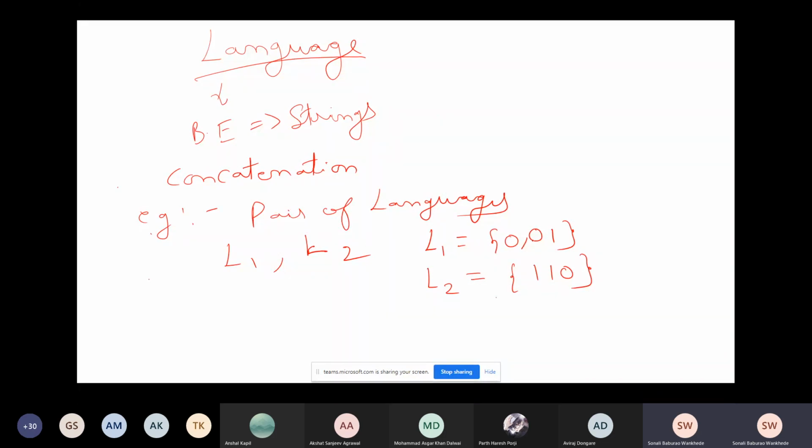My concatenation is denoted by L1 dot L2. So L1 dot L2 will be what? It will be the concatenation. Just try to do it.